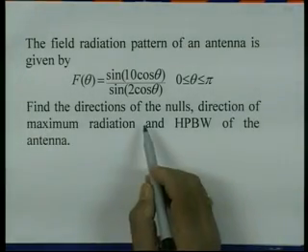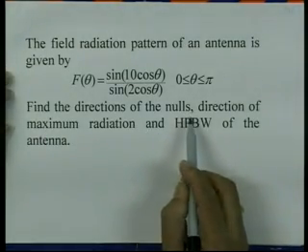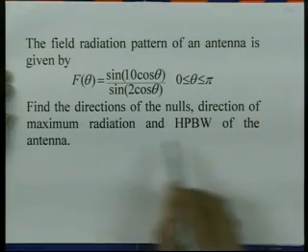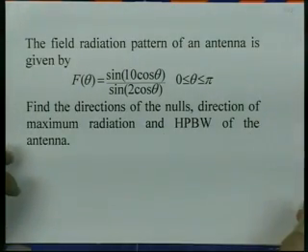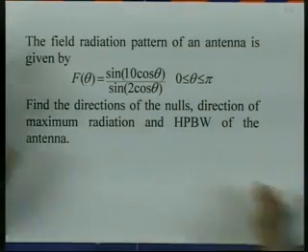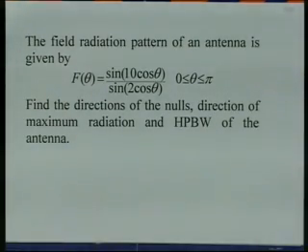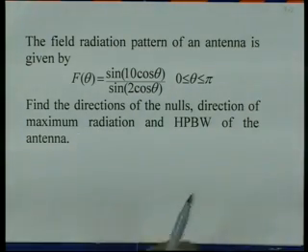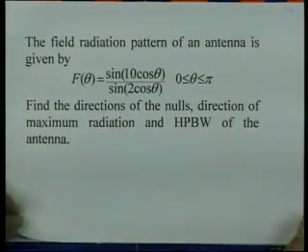Find the directions of the null, the direction of the maximum radiation, and also the half power beam width of the antenna. Without specifying what kind of antenna this is, the radiation pattern has been given directly, and we have to find the directions of the nulls, the direction of maximum radiation, and the half power beam width.